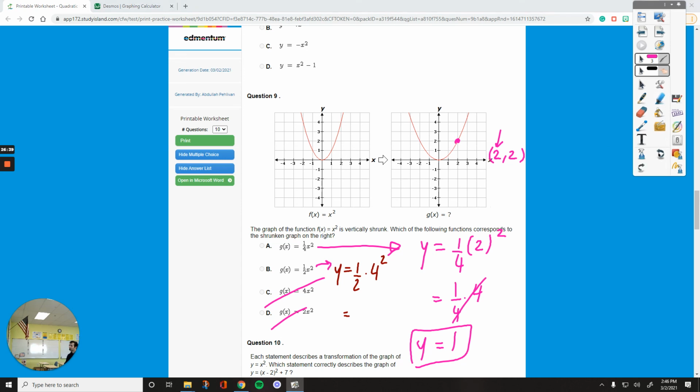Let's just get back here. Okay, let's plug in that number. So it was 2 because that's my x value, and I want to end up with 2 for the y, and then square. Okay, 1/2 times 4. Simplify these two numbers, they'll turn into 2 for the y. So when I plug in 2 for x, I get 2 for y. Basically, this is going to be my answer.